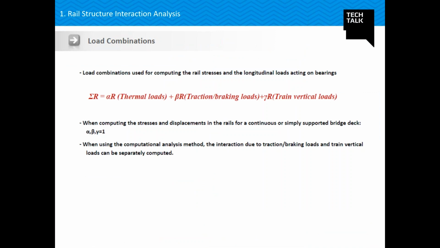What I mean by non-linear analysis is that the ballast stiffness is not constant throughout the train running from one end to another end. This ballast stiffness changes if it is in a loaded or unloaded condition.